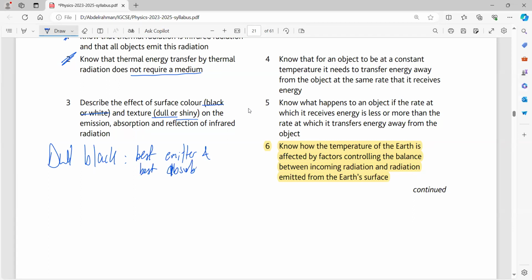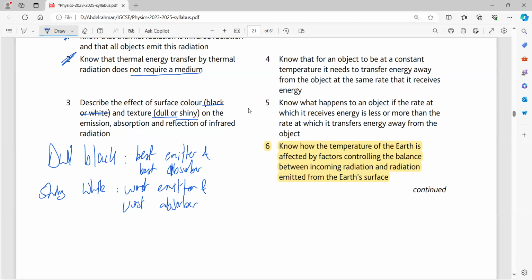And we know that shiny white is the worst emitter and worst absorber.